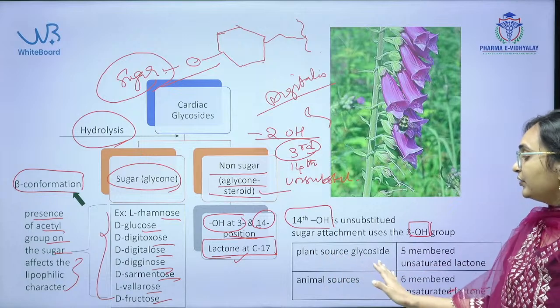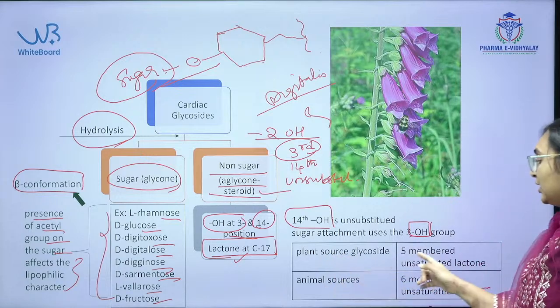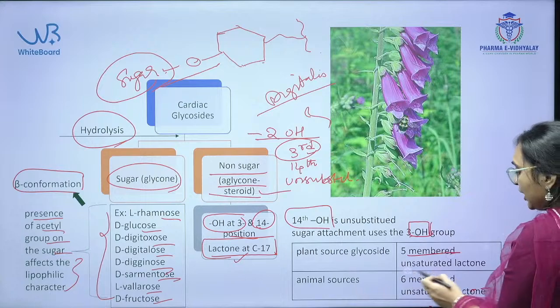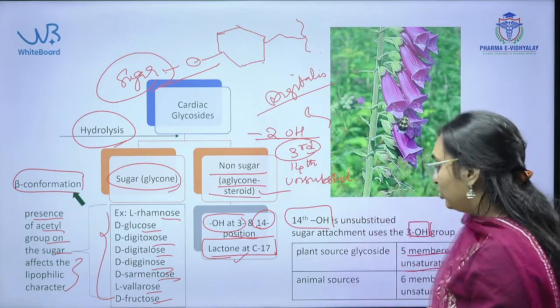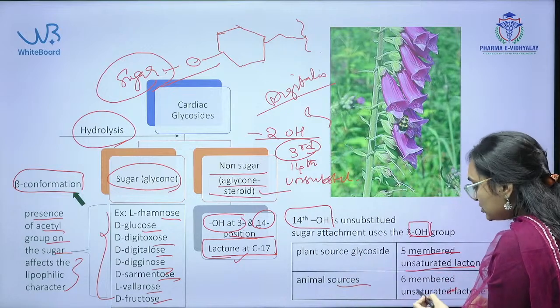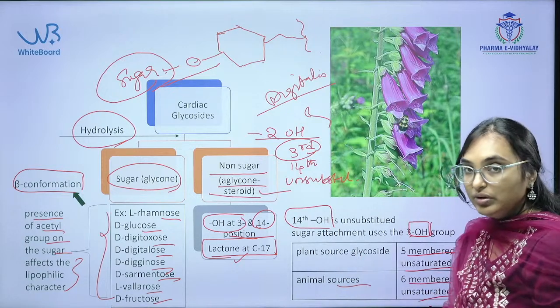For example, if the glycoside is from a plant source, then a 5-membered unsaturated lactone is present. I will show you the picture. From an animal source, a 6-membered unsaturated lactone will be present.